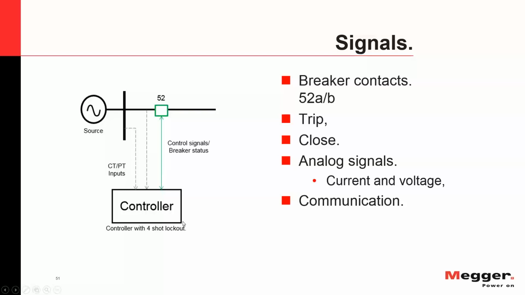Remember, the controller only operates and the only thing it does is it reacts to stimuli from the outside world, and the stimuli come in the form of analog signals and breaker contacts, and then the controller sends out signals like trip, close, sometimes enabling and disabling signals, and it also sends communication.